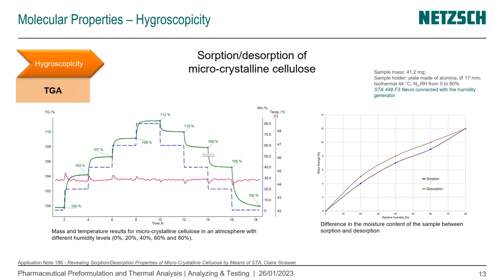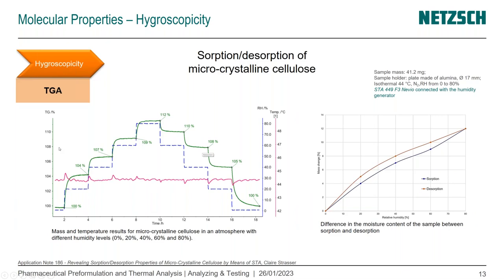This DVS measures the changes in the sample mass in the presence of different vapor amounts, in this case the relative humidity of water vapor. And we see here in blue the change in the relative humidity, and here in green is the TG curve.